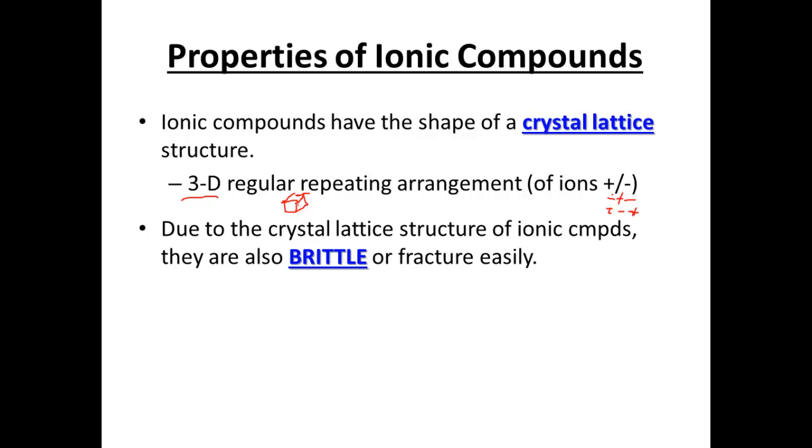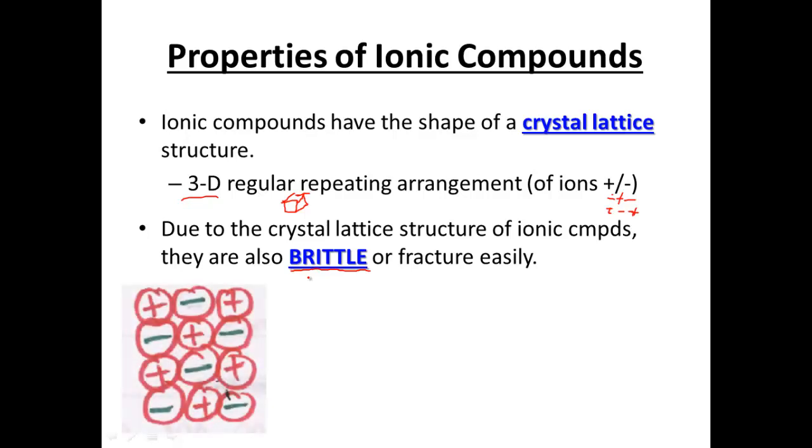If you look at table salt, it actually makes a nice little cubic structure. However, they're very brittle. They can be easily broken. We said that they were hard to begin with, but once enough force is applied, they can break very easily.